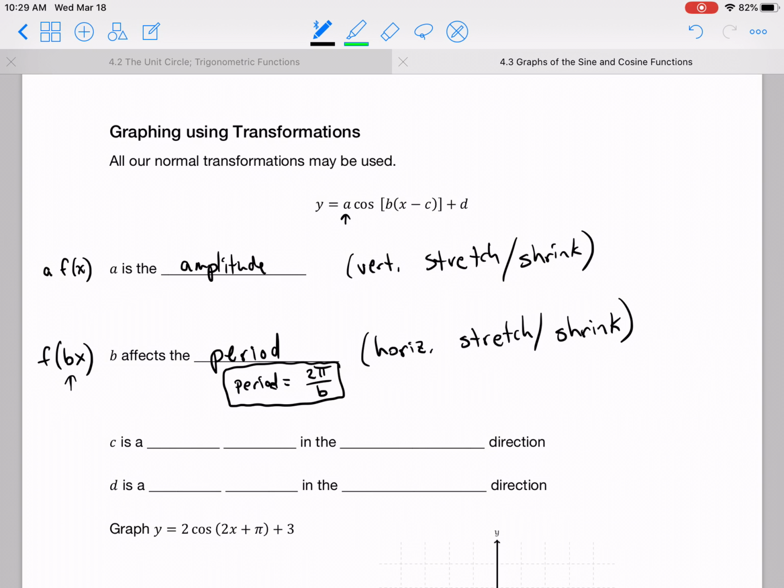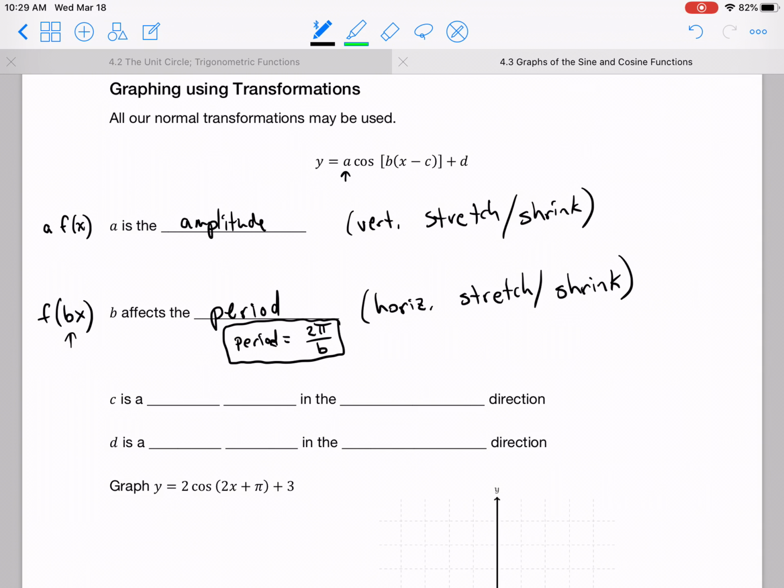All right. Next, c from the function is what is called a phase shift. And it's in the horizontal direction. This is a lot like f of x minus c, basically a horizontal shift, working just like the horizontal shifts before.